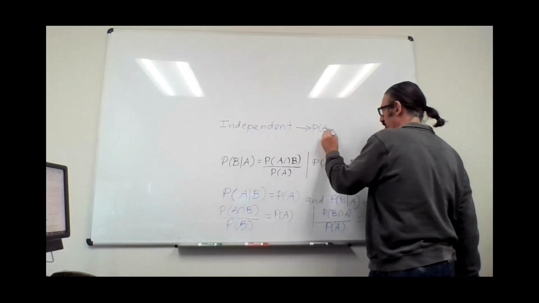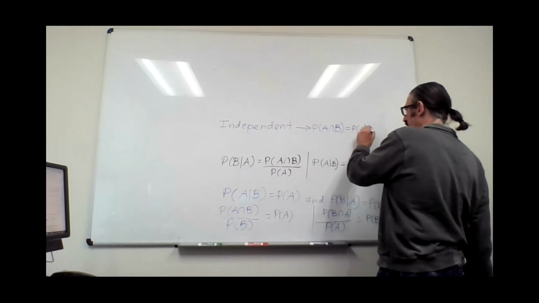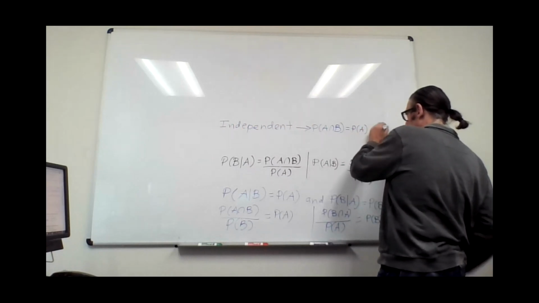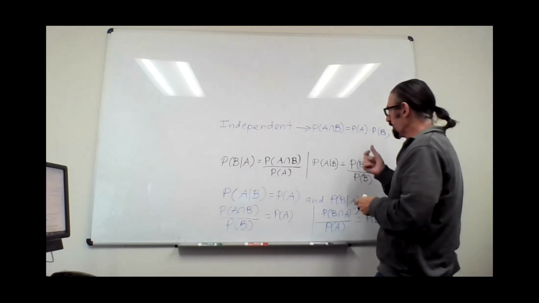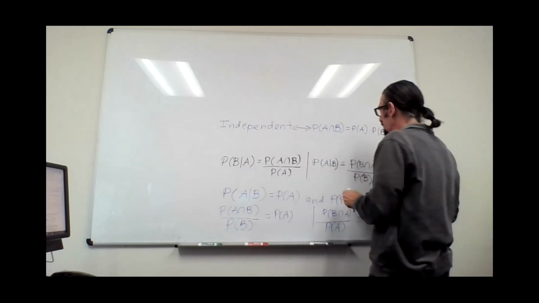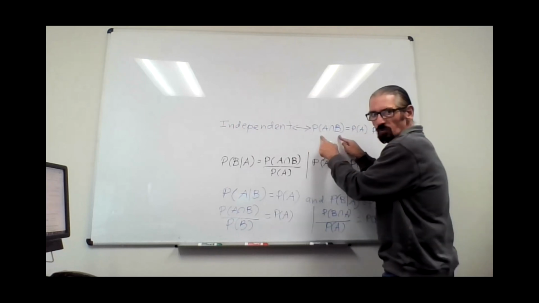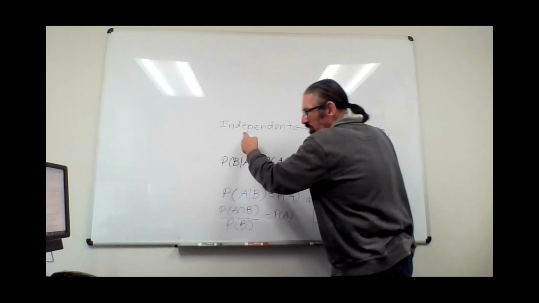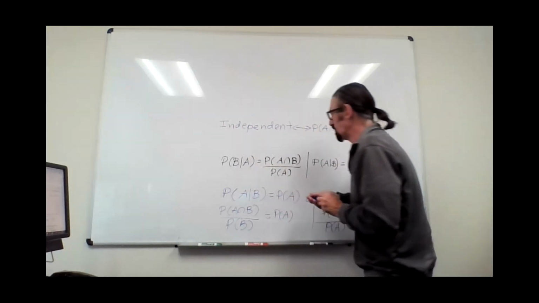Probability of the intersection equals the product of the individual probabilities. And it goes both ways. If you have all 3 numbers, you multiply and it equals this number that you have, then you know A and B are independent events. All right, so what can we do with that?